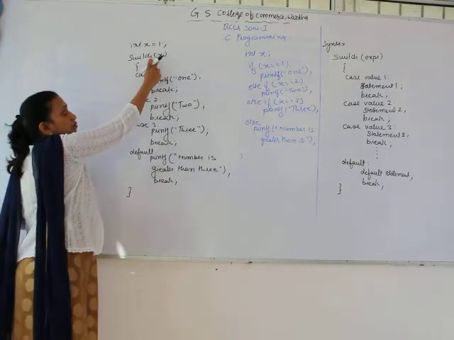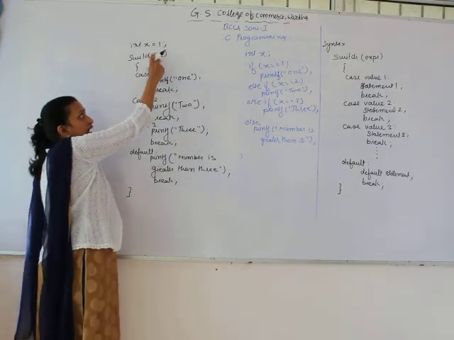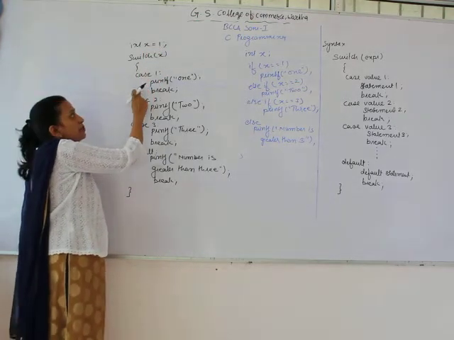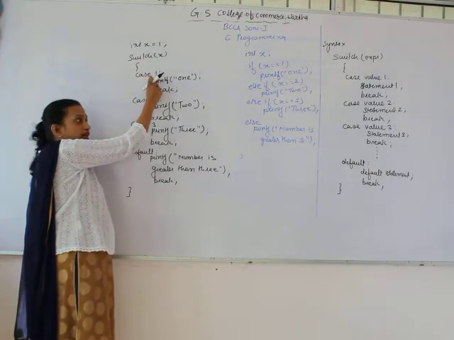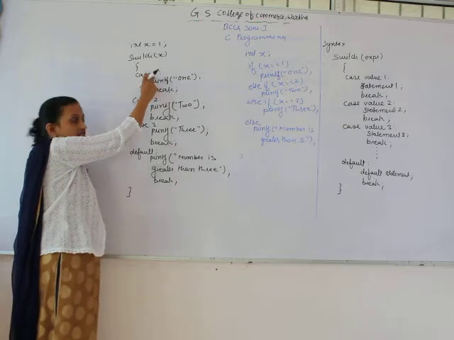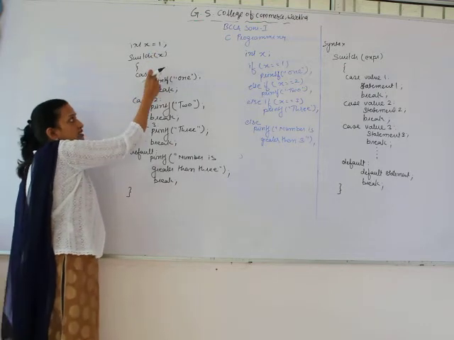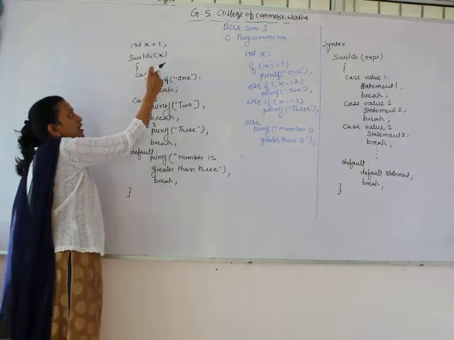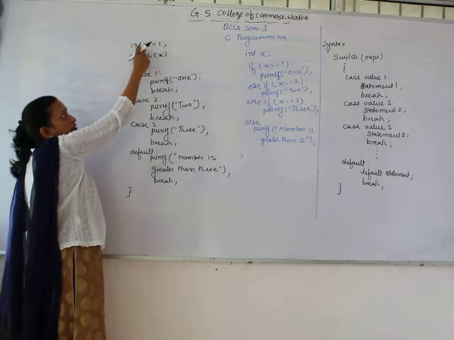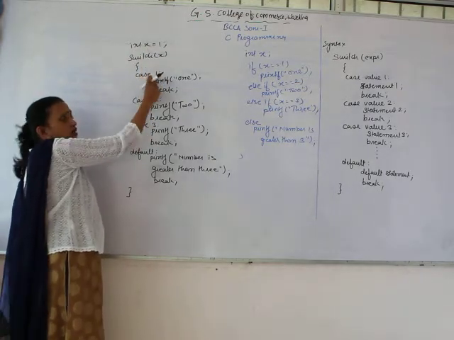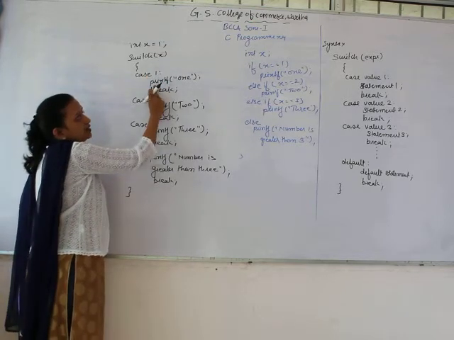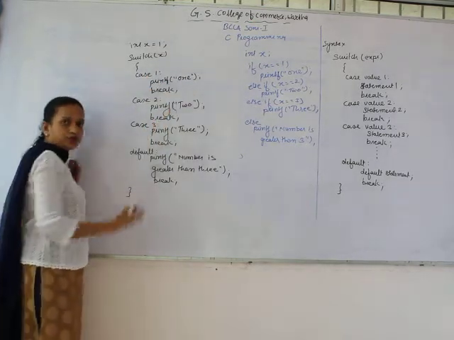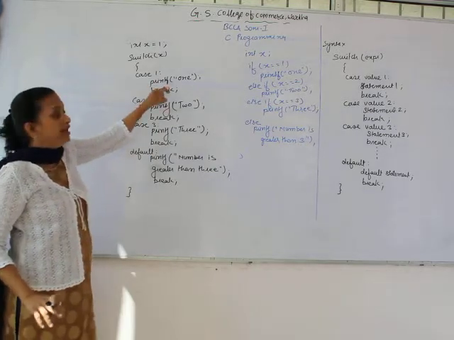Suppose the value of x is 1, then the compiler checks the value of x with the case value, which is 1. If the match is found, so the value of x is 1 and the case value is 1, then as soon as the match is found, the statement printf 1 will print 1.